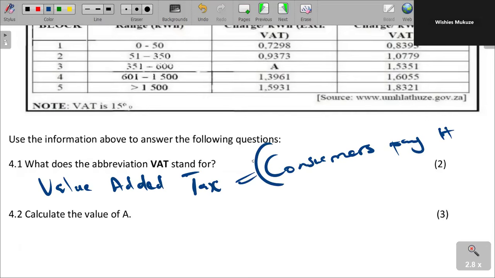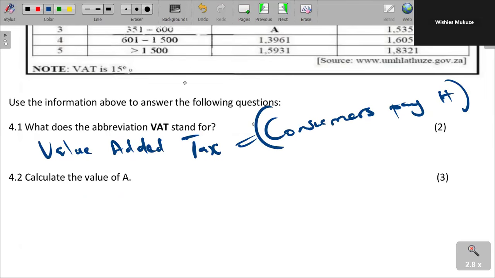There is an amount of money that is paid on goods when consumers buy. It is applicable to everyone as we buy goods, a value added tax which applies to all consumers when they buy.